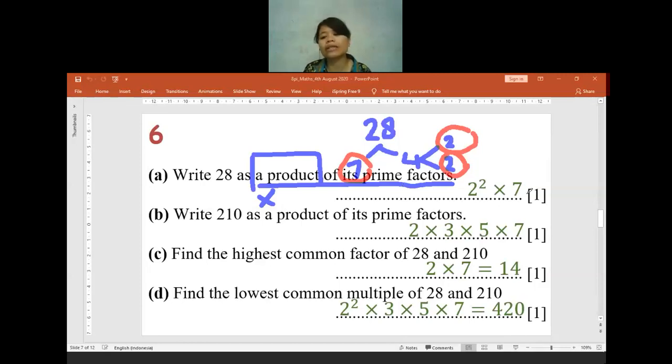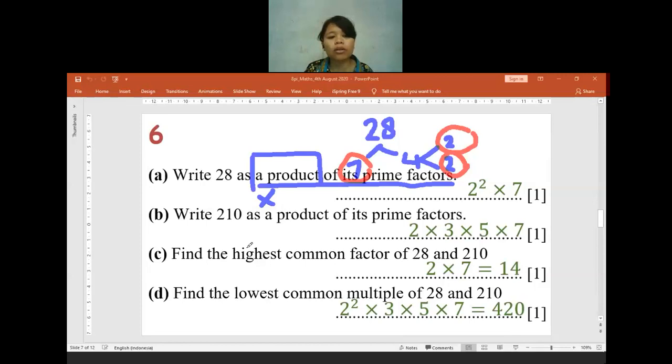Do not only write it as 2, 7 or 2, 2, 7. It's not right because it is a product. You have to write it with a multiplication sign. You can write it as 2 times 2 times 7, or you can simplify the 2 times 2 into 2 to the power of 2. That is also okay.